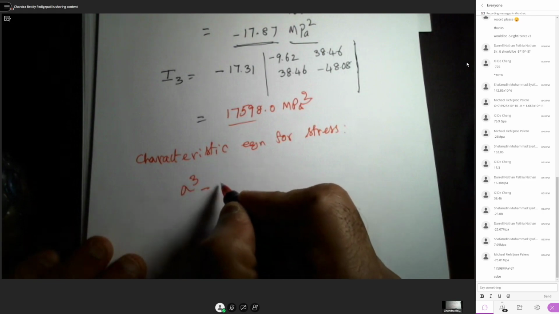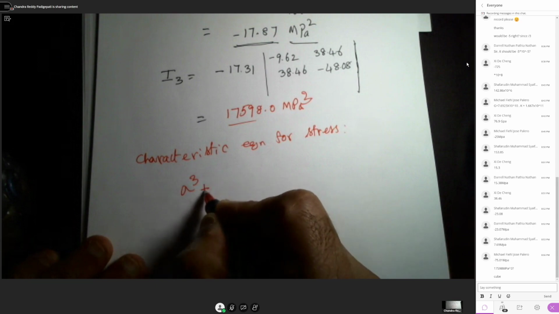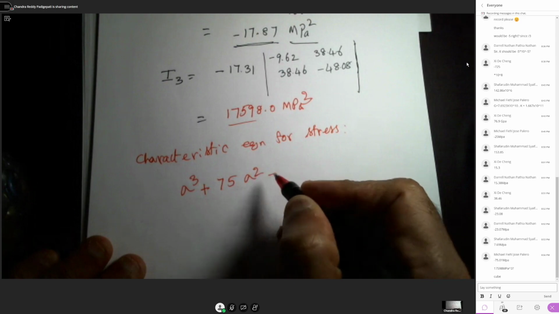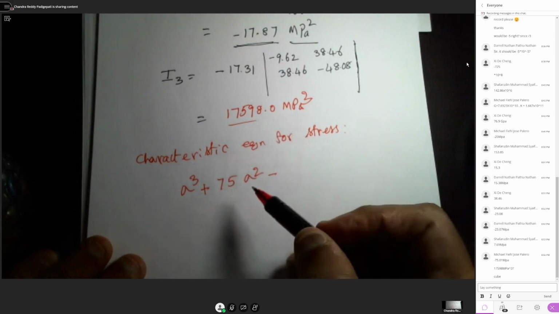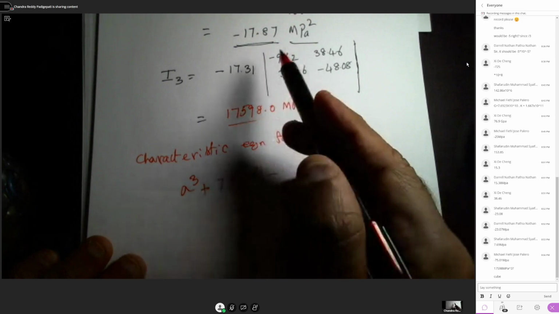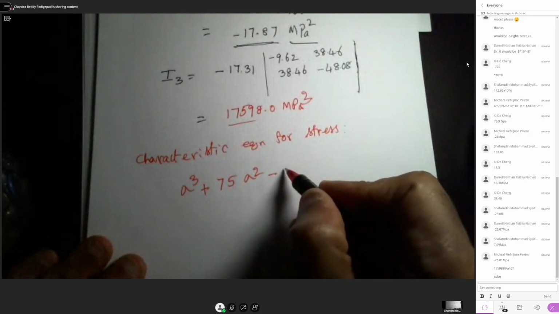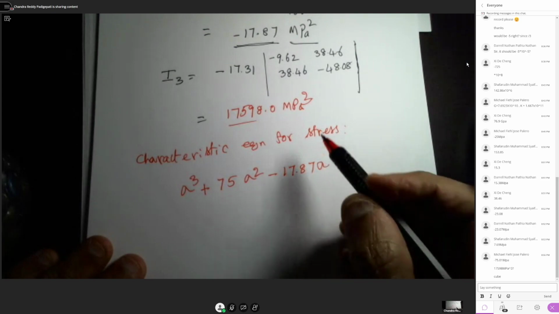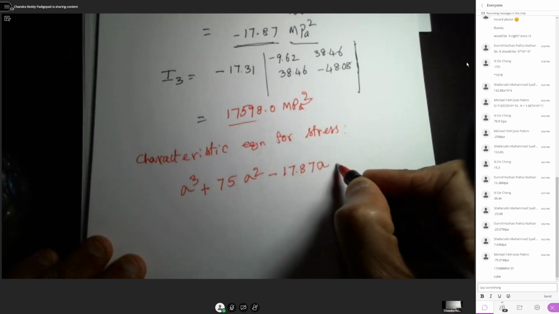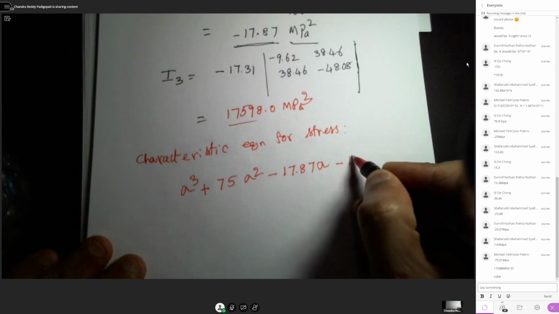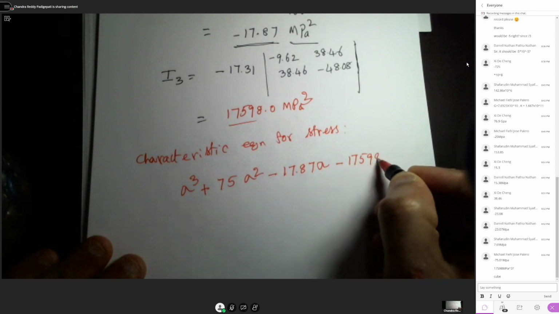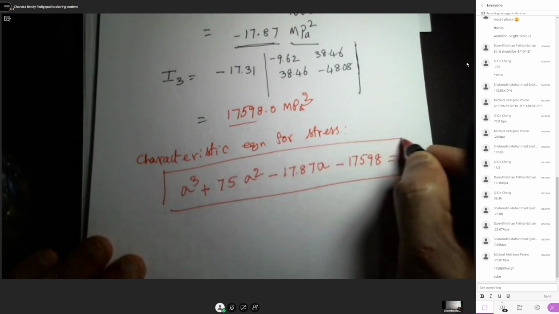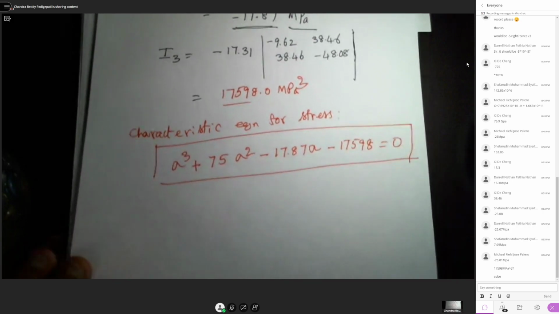So minus of minus 75, you get plus 75 sigma square. Plus I2 sigma. I2 is negative 17.87, so negative 17.87 sigma minus I3. I3 is 17598. So this will be your characteristic equation for stress.